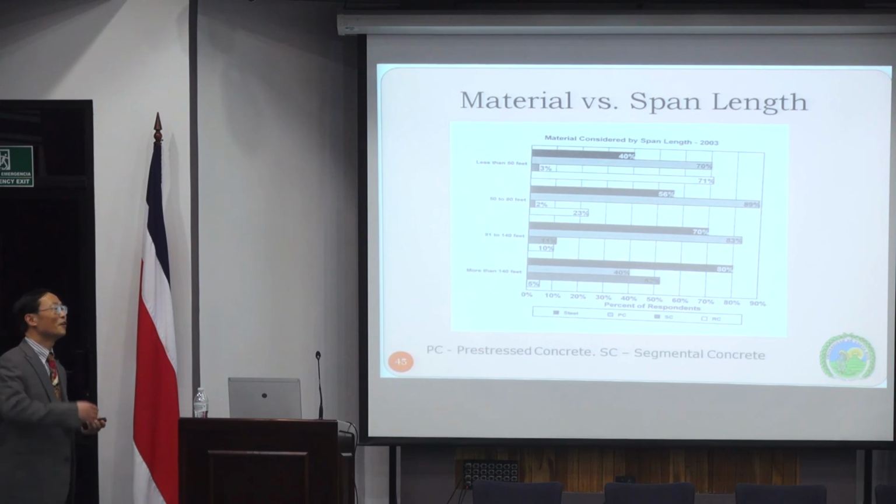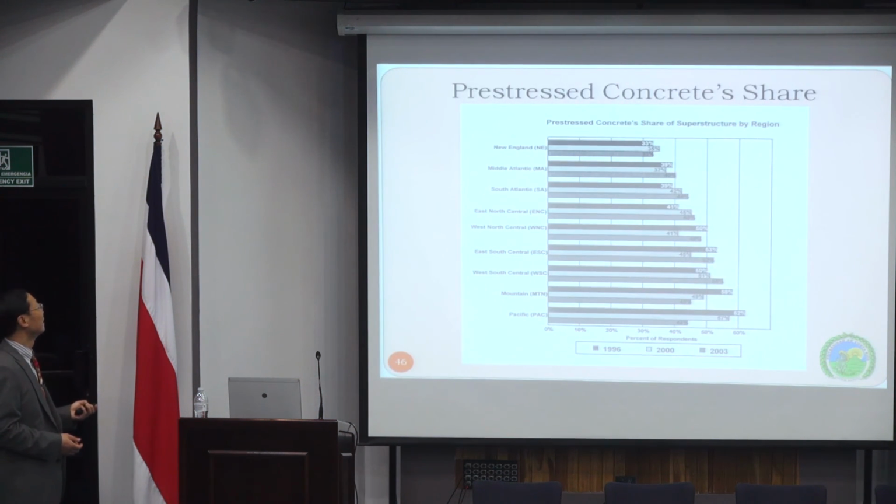In general, the longer the span, the more likely people choose steel because it's lighter and easy to fabricate or erect. The shorter, you use pre-stressed concrete. And if it's really, really short, you may just use regular concrete. And the preference is different at different locations, because they have different climates.